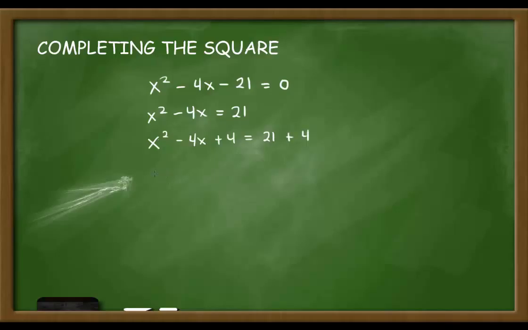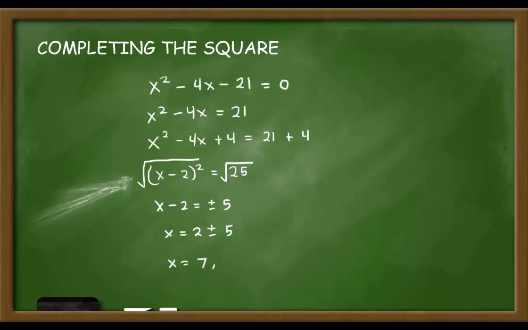It can be simplified into x minus 2 squared is equal to 25. Then find the square root of both sides. It will become x minus 2 is equal to positive negative 5. By transposing, we have x is equal to 2 plus minus 5. Our solution will be x is equal to 7 or negative 3.